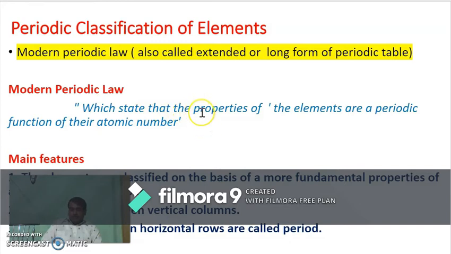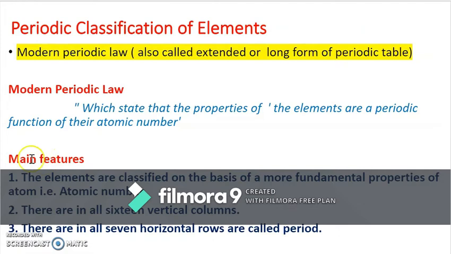We can simply say that if the elements are arranged in the increasing order of atomic number, after certain intervals there will be repetition of properties of the elements, and the elements falling in the same group show similar properties.